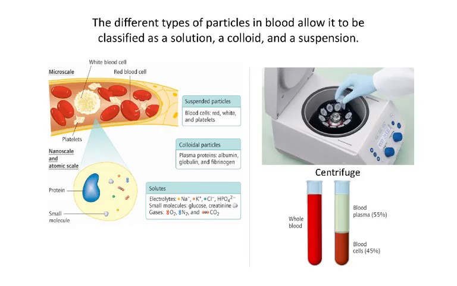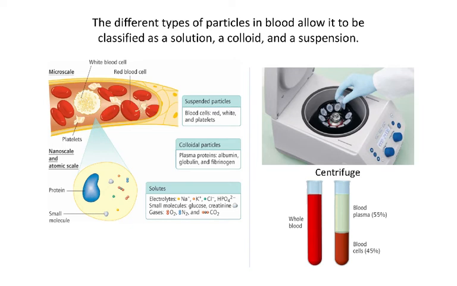So here's a unique type of mixture, blood. I'm sure you know a lot about blood by now, but the different types of particles in blood actually allow it to be classified as a solution, a colloid, and a suspension. So there is definitely a lot going on in there. There's suspended particles like blood cells, red, white, and platelets. They're big, right?